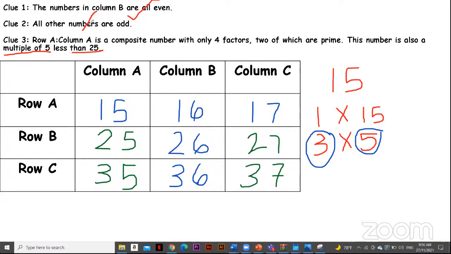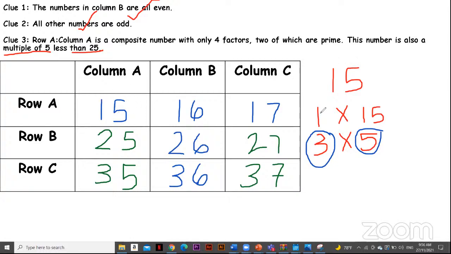Good job. So now to clue 3, where it says row A, column A is a composite number with only 4 factors where 2 of them are prime. So row A, column A is a multiple of 5, good, 5, 10, 15, and it's less than 25.